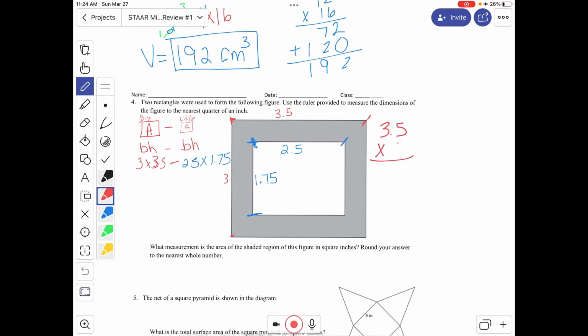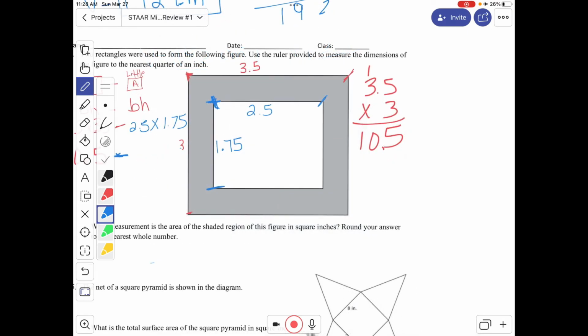Then we just need to work it out. So for the big one, the area would be 10 and a half, or 10.5. Now we find the area of the smaller rectangle.